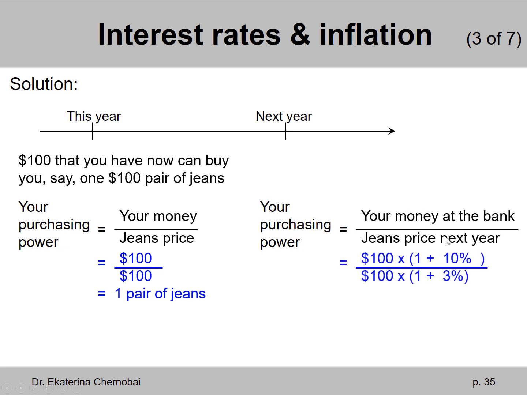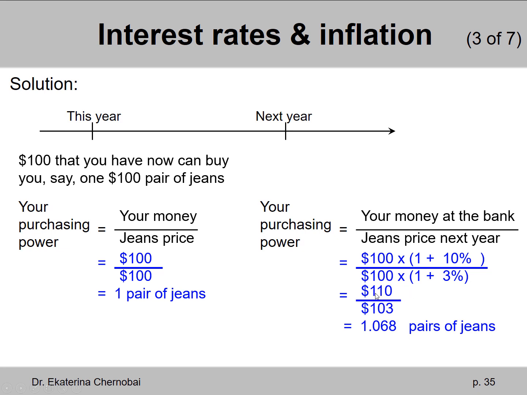We know that the bank pays you 10% interest, so your money in the bank will increase by 10% compared to today's $100, right? So we have $100 times 1 plus 10%, just like in chapter 5, a single cash flow, future value. And we divide it by the price for a pair of jeans next year. We were given a 3% inflation rate, so the jeans will cost $100 times 1 plus 3%, which is $103.